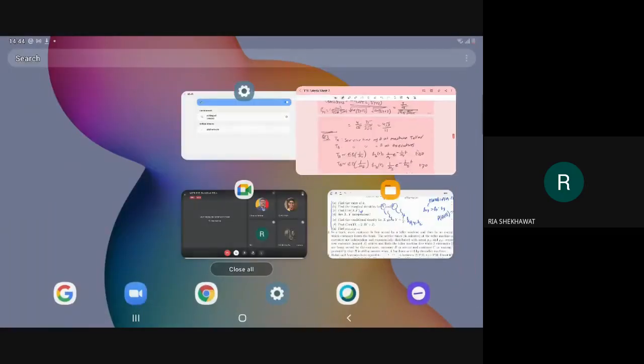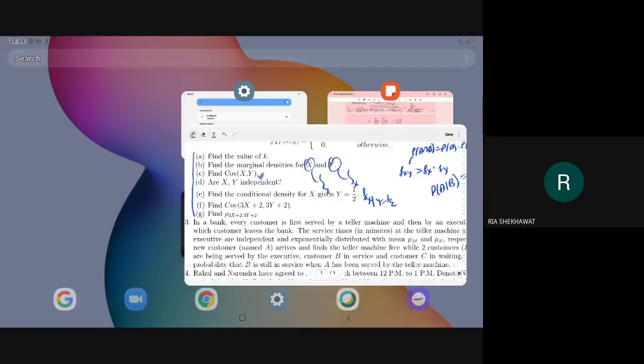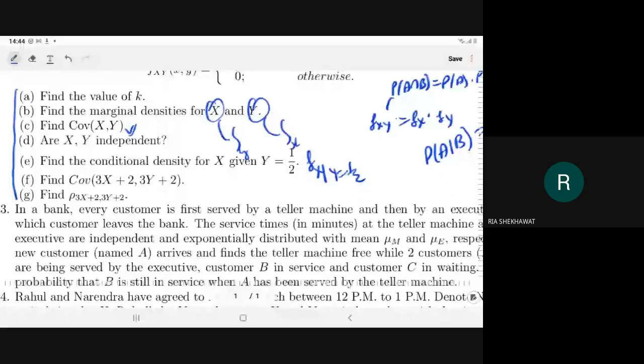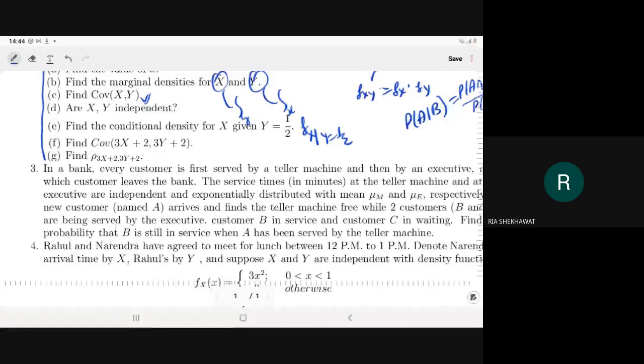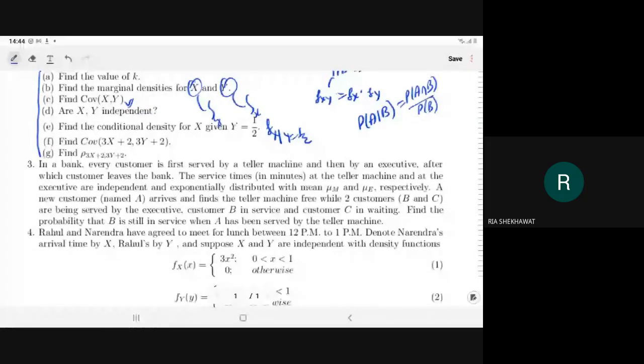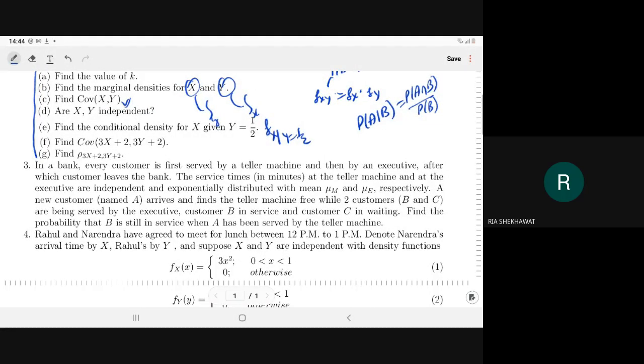Now, the next question is a very interesting one. In a bank, every customer is first served by a teller machine and then by an executive, after which the customer leaves the bank.